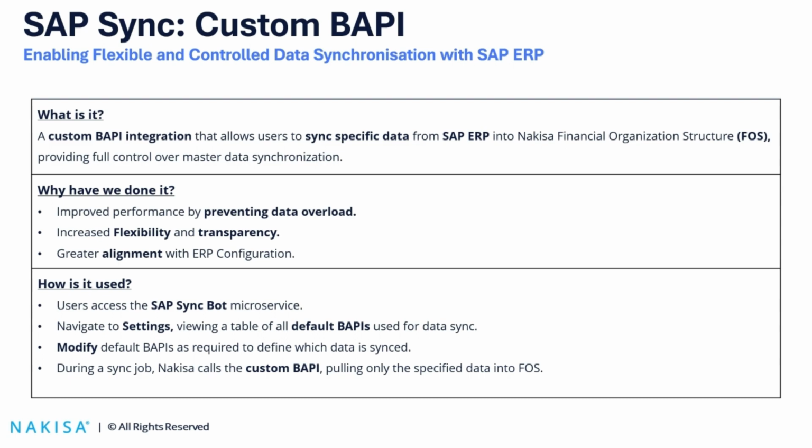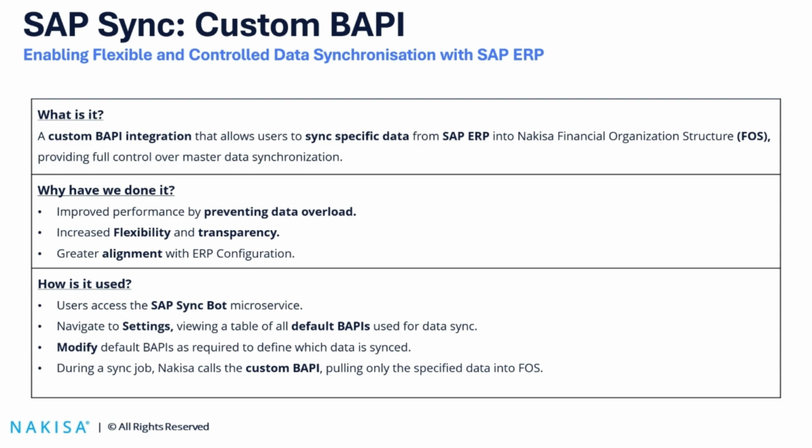Now, what happens is that you have thousands of accounts maybe for assets, which will include your owned assets as well as your leased assets. So we don't need to sync your owned asset GL account details. We just need to sync all the accounts that are related to lease accounting, which are required by the Nakisa lease accounting solution.